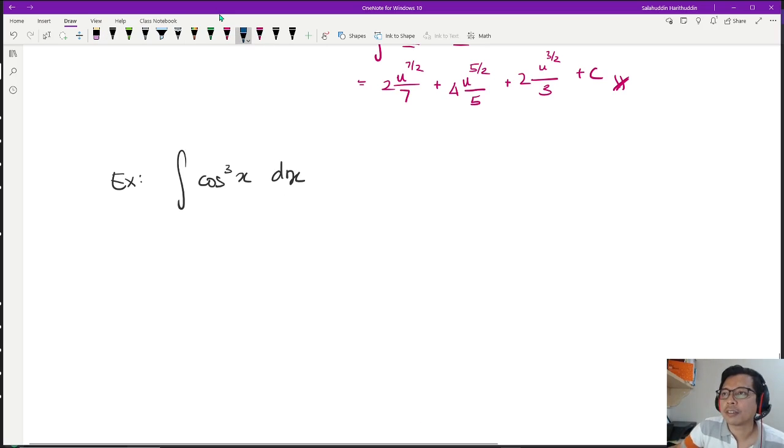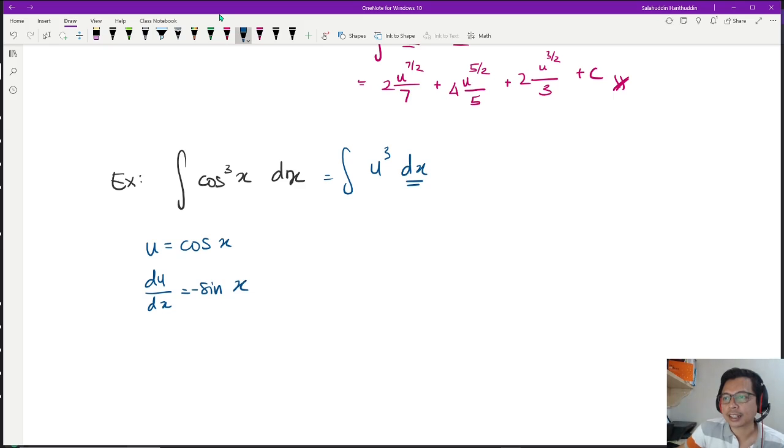I think the first instinct is to make the substitution u equals cosine x, but then although you can replace this with this later on, you have a problem replacing this dx, because du/dx will be minus sine x. Why do I find this sine x here? So that's a problem. This doesn't work.